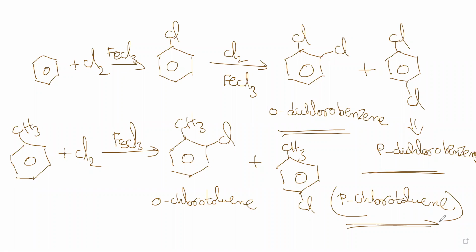Now, how do we separate these two? The ortho and para isomers can be separated. This comes from their physical properties.